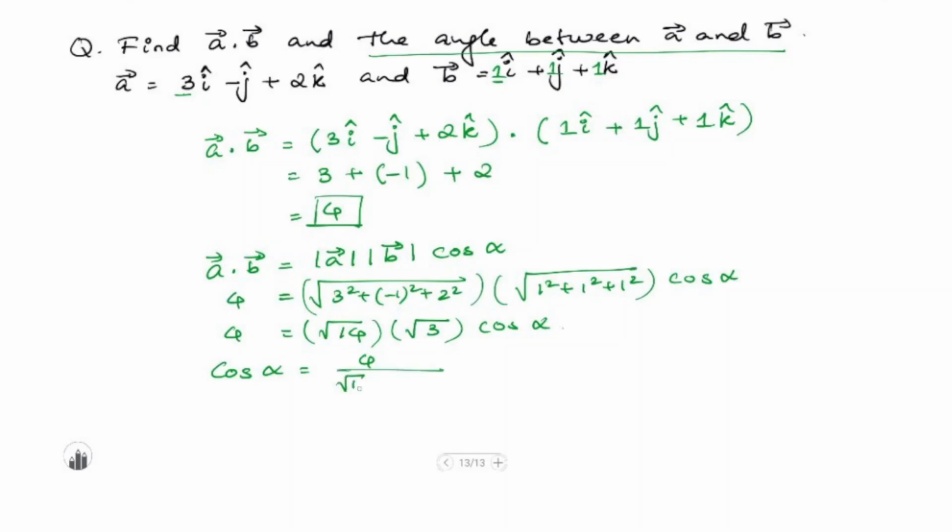So 4 divided by root 14 times root 3. And then we can take the cosine to the other side. So that would be cos inverse of 4 over root 42. And that will give us the angle alpha as 51.88 degrees.